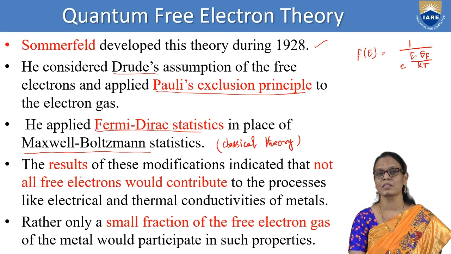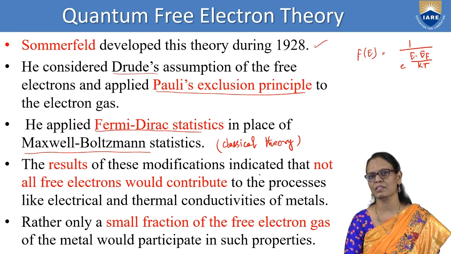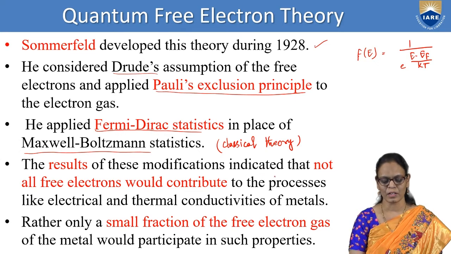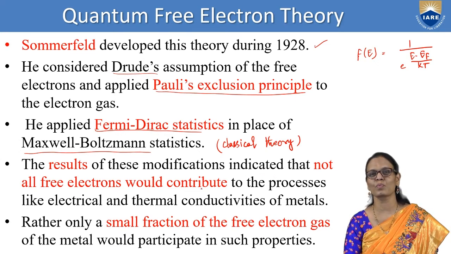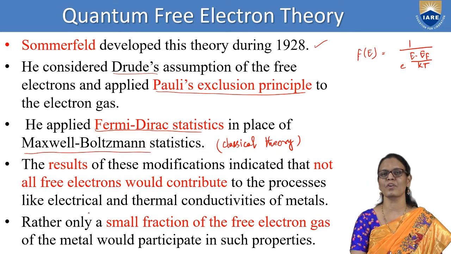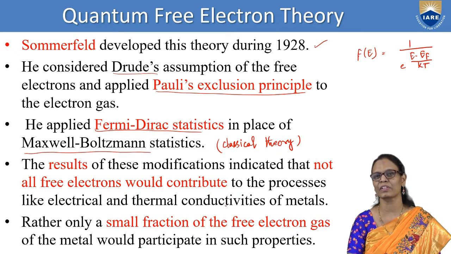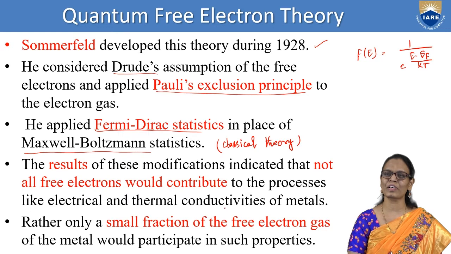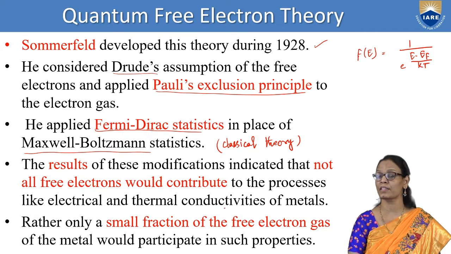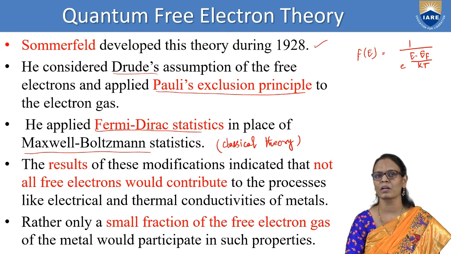Then what happens? The results of these modifications indicated that not all free electrons would contribute to the process of electrical and thermal conductivities of metals. When we were talking about the classical theory, we said all free electrons form a common pool, and when you apply an electric field, they will drift, and the drift velocity or the movement of these electrons is responsible for current.